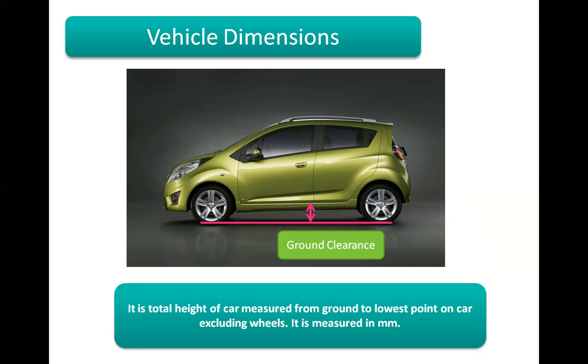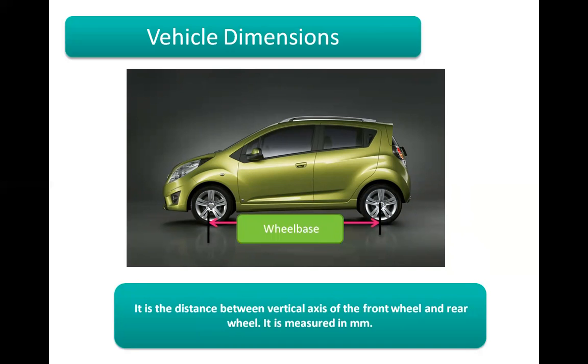It is measured in terms of millimeter as shown in the figure. Then what is a wheelbase? The wheelbase is the distance between the vertical axis of the front wheel and the rear wheel. It is measured in terms of millimeters.